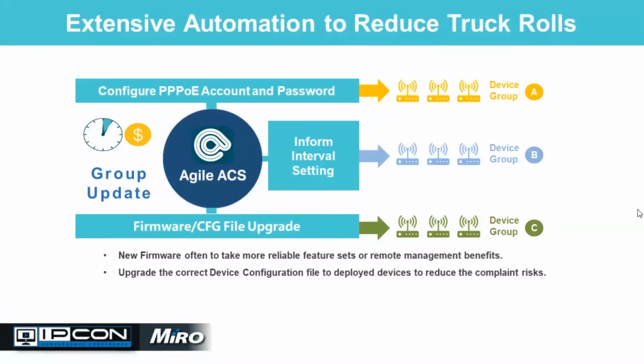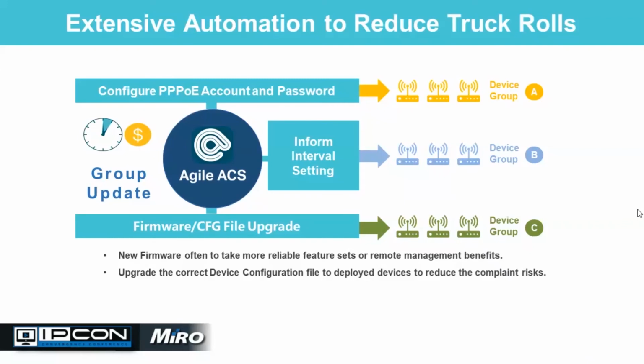Something cool to note about the Agile ACS server is that you can actually perform multiple operations at different times. So if you don't want to run a firmware upgrade for your entire network at the same time, as you can imagine, that makes sense because residential users versus business users will utilize the equipment at different times.